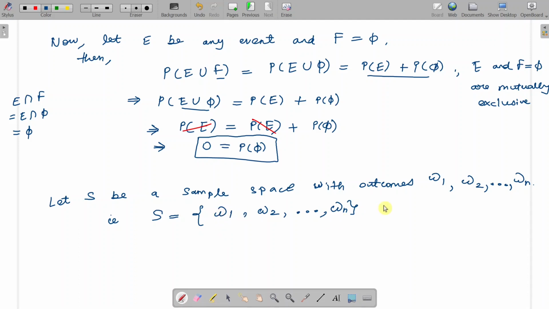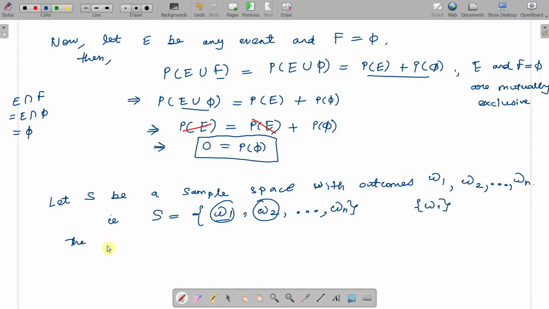So instead of writing the brackets here, we simply write it as omega 1. This actually is a set, this is also a set. So instead of writing the brackets, we directly write it. So what we have is that the sample space is equal to the set of all these outcomes, right?